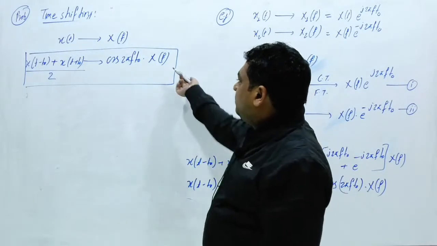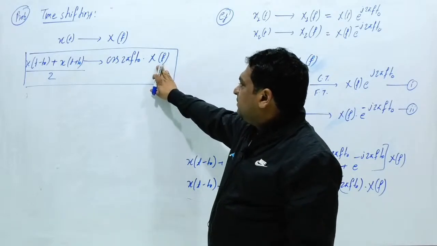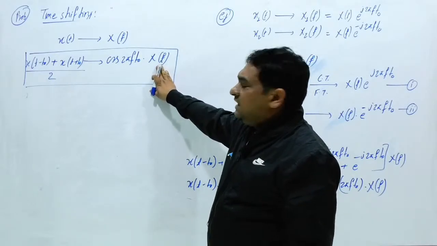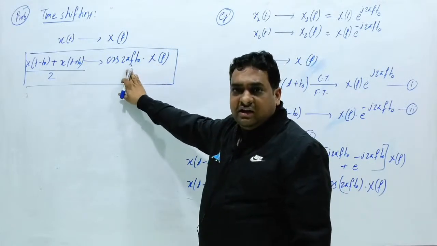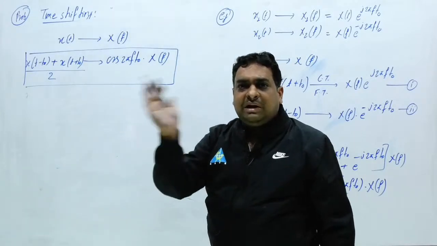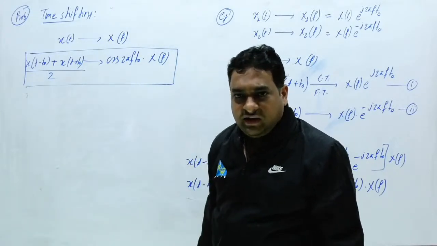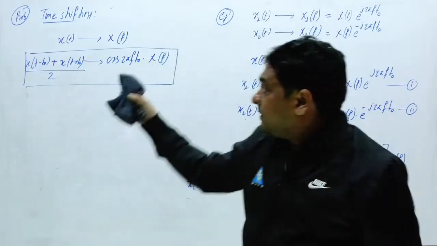Suppose the Fourier transform is any rectangular signal, and cos is multiplied here. You know the left-sided signal, so you just have to shift it left and right and add. I will take questions from this part, don't worry. Just remember this property.